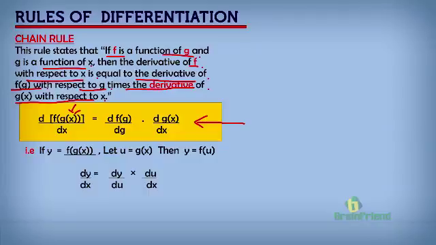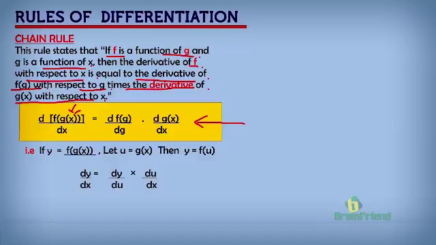If we were asked to find the derivative of this kind of function, that is d dx of f of g of x, that would give us the derivative of f with respect to g multiplied by the derivative of g of x with respect to x.